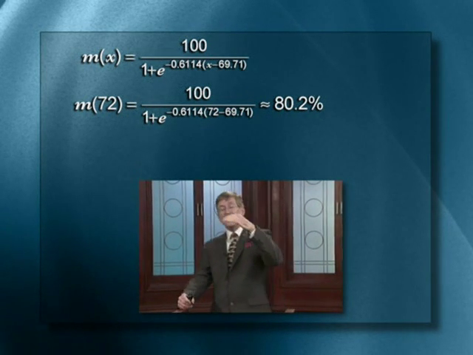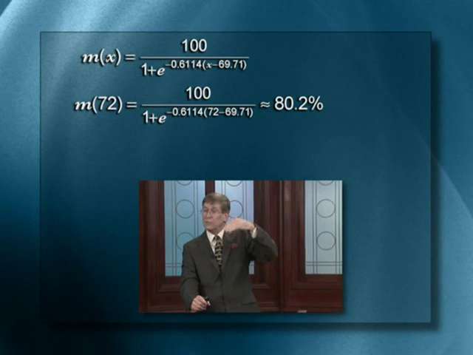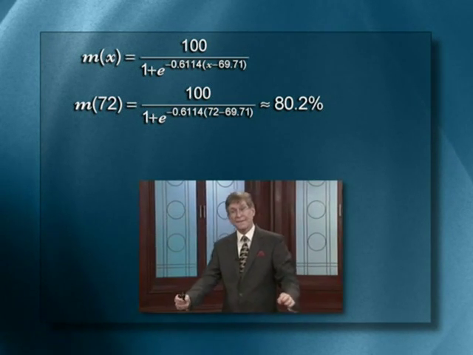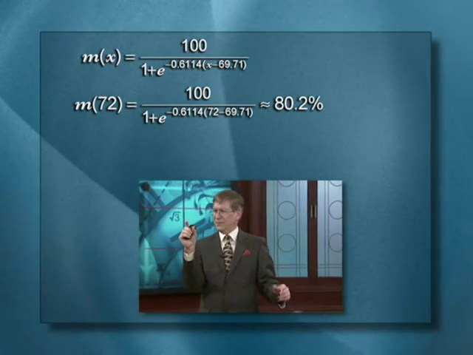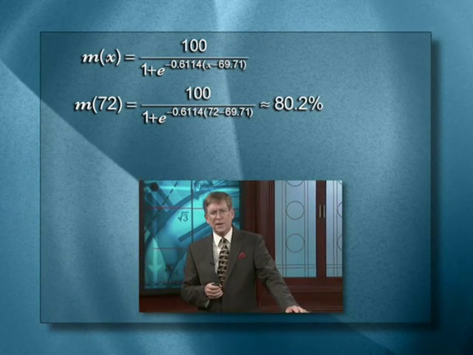So I'm pretty tall in that sense. Only about 20% are taller than me, and about 80% are my height or below. Okay. Now in that model, there's a number or an expression x minus 69.71.